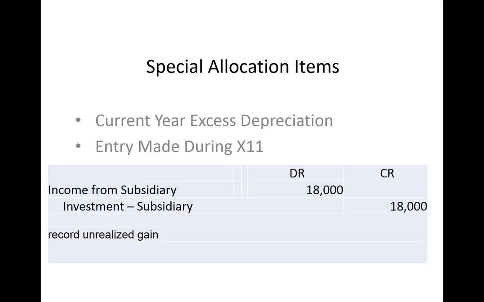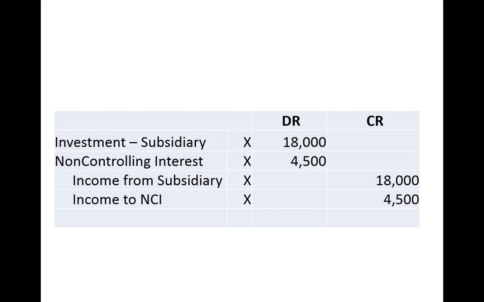And remember, during the allocation process, when we eliminate this equity method entry, we must also assign the NCI their portion of the loss at this time. So we're going to credit income from sub, credit income to NCI for their portion of the loss, and we'll debit the investment in sub and NCI.